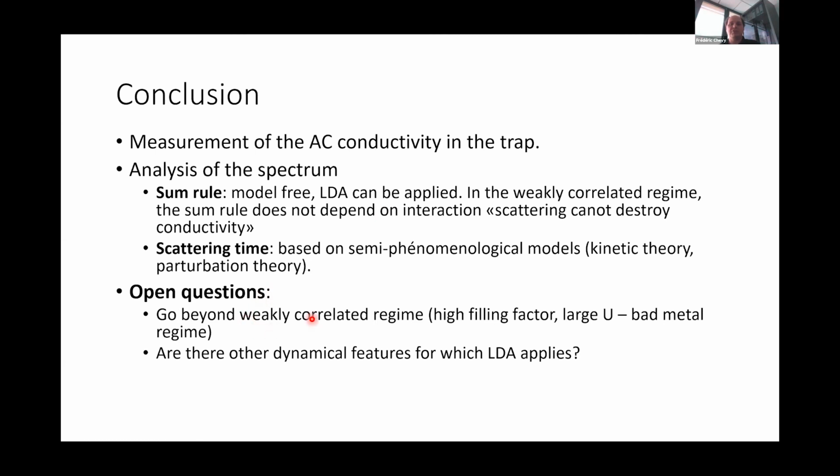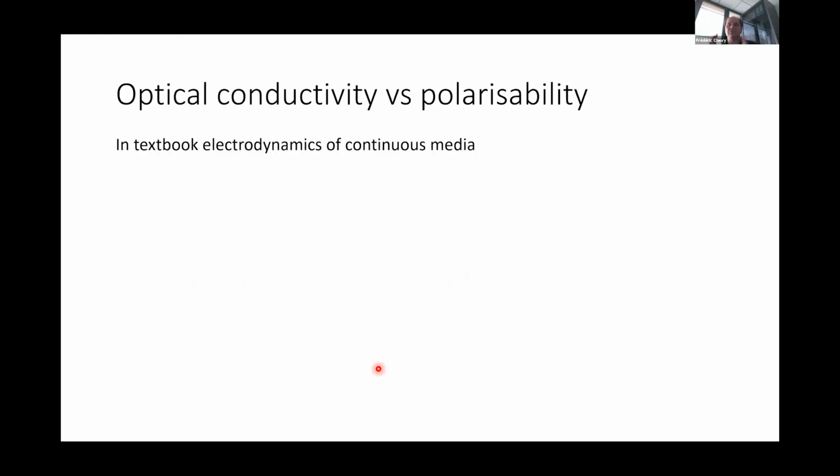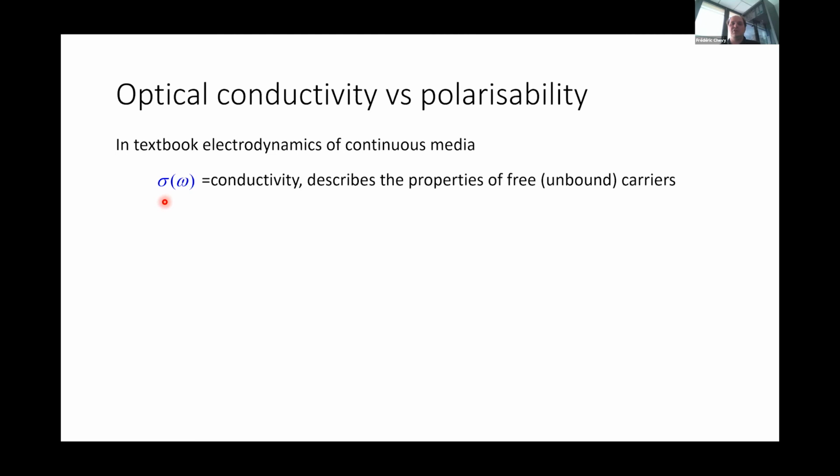So now the open question is, how can we go beyond the weakly correlated regime? And are there other dynamical features for which LDA applies? For instance, I will just flash one slide about this to give you a flavor of what I have in mind. When you look at textbook electrodynamics of continuous media, we say that sigma of omega, the conductivity, describes the properties of free unbound carriers, like free electrons in a metal.